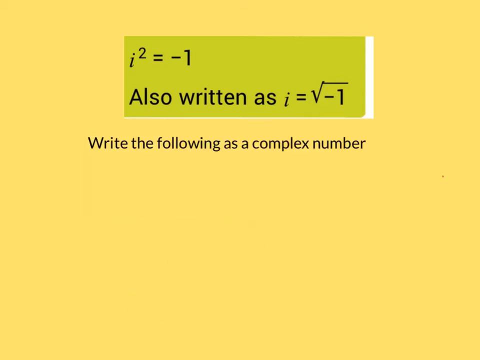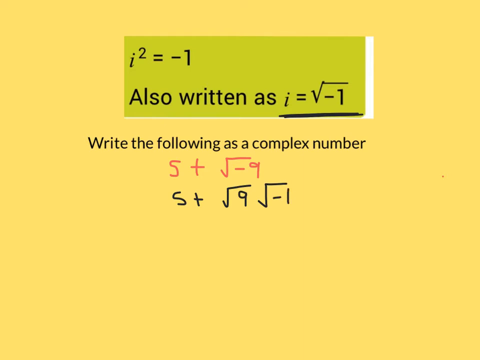So let's take an example. Let's say we had 5 plus the square root of minus 9. If I want to write that as a complex number, the first thing I'm going to do is rewrite this square root. I want to get back to a root minus 1. If I think of factors of minus 9, I could have the square root of 9 multiplied by the square root of minus 1.